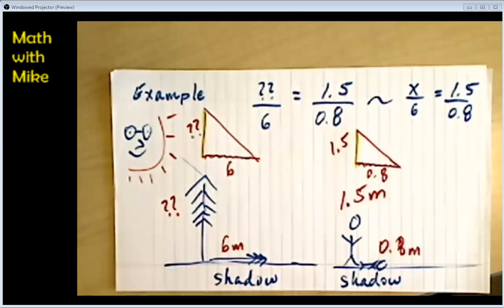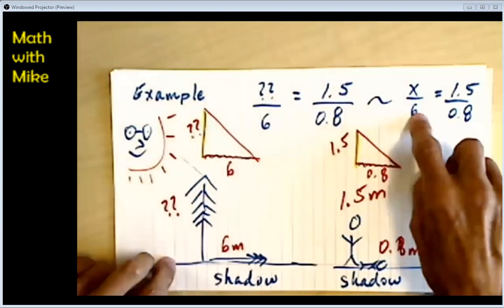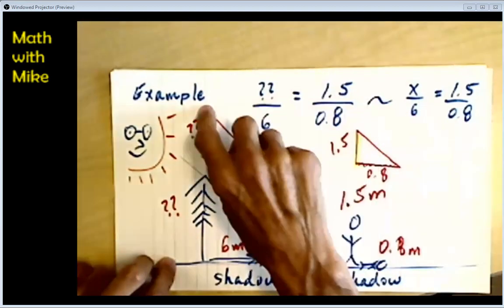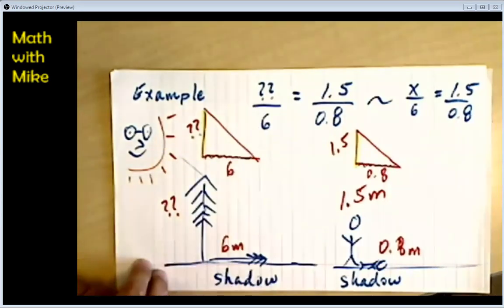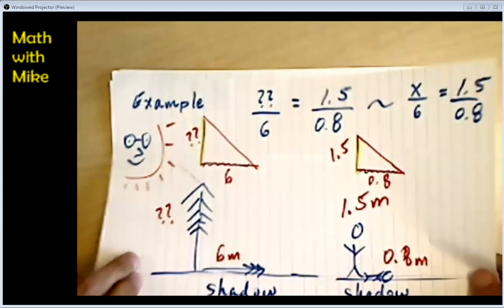Okay, so by solving this equation, we'll get these two question marks. We'll get the height of our tree that we don't know. Okay, so let's take a look at that.